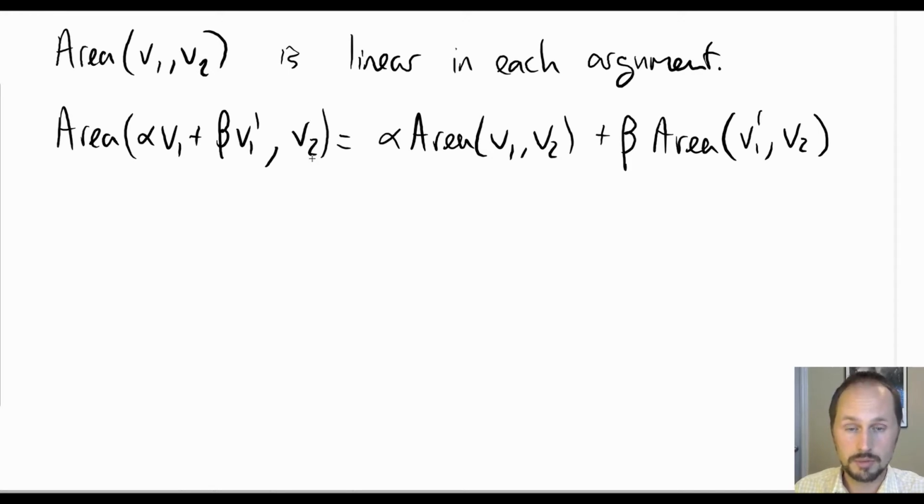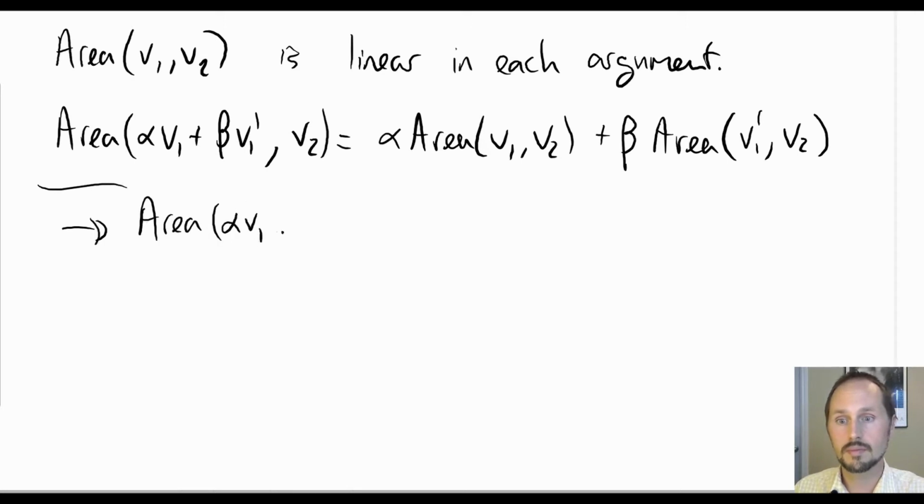So why is this true? Let's break this down into two pieces. The first one is, why is it true for the scaling? For this, we're going to think about alpha positive and alpha negative.